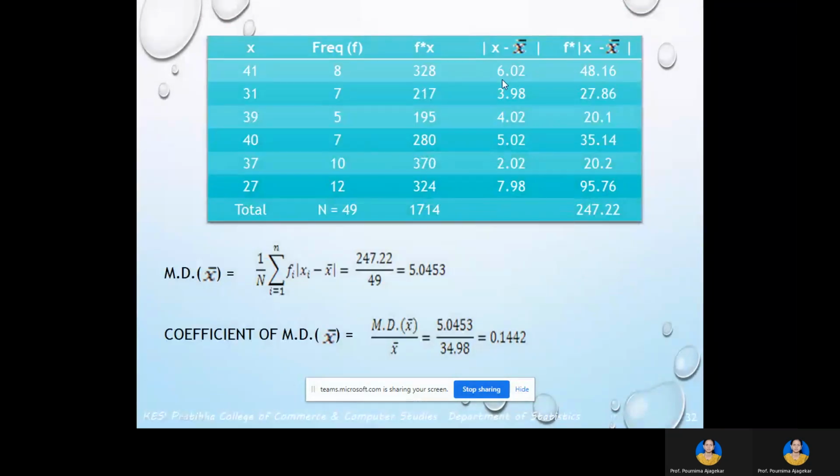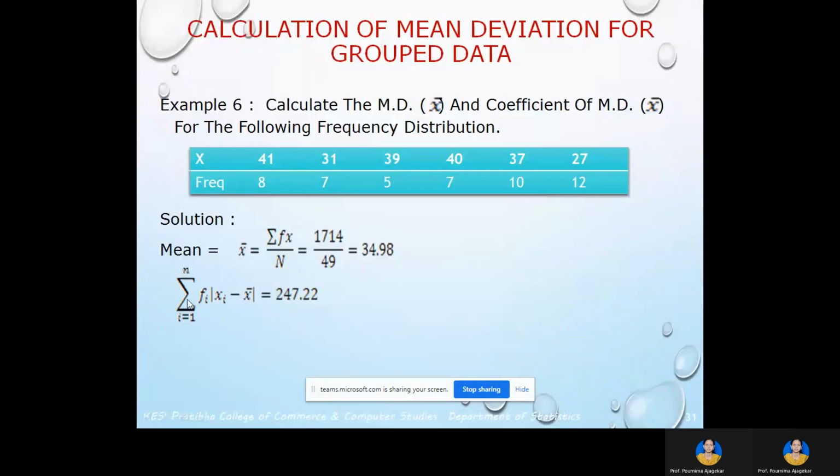Then we have to take the absolute deviations of observations from this mean value. So here is the column for those absolute deviations, and then we have to make the column frequency into these absolute deviations, and then we find the summation of fi into mod of xi minus x bar, and that sum is 247.22.